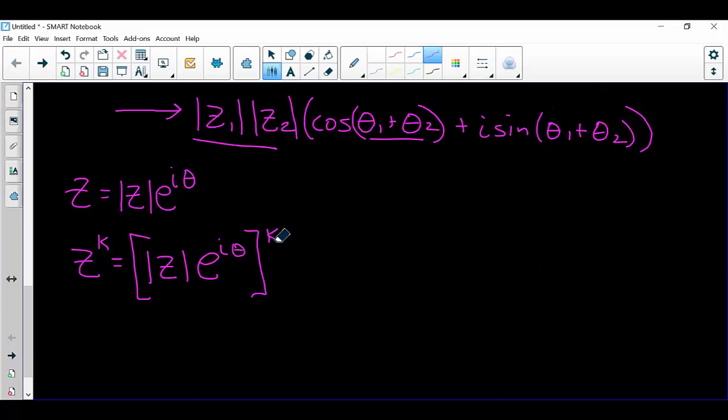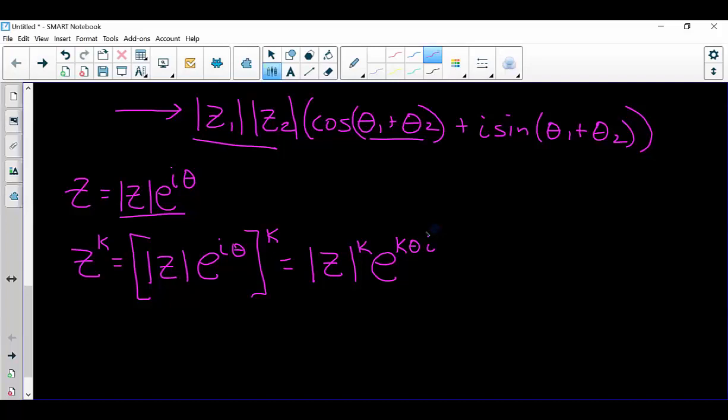Z to the k is the same as this thing to the k. That would be the norm of z to the k times e to the k theta i. I just raised both of those to a power of k.